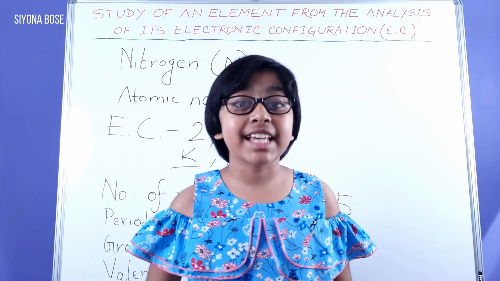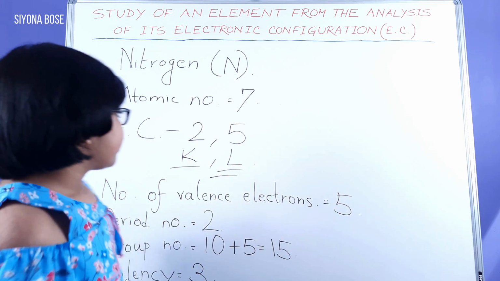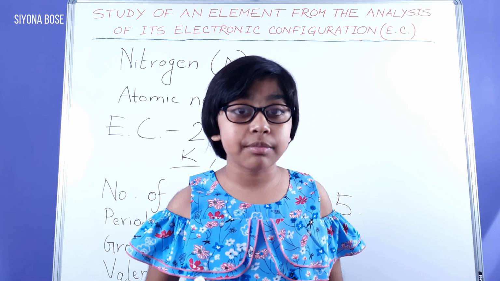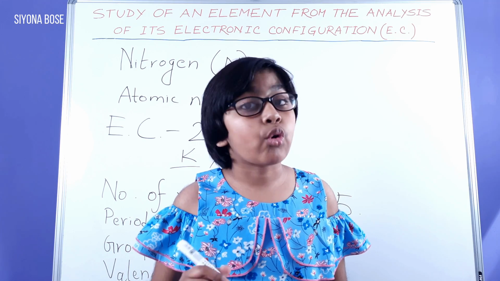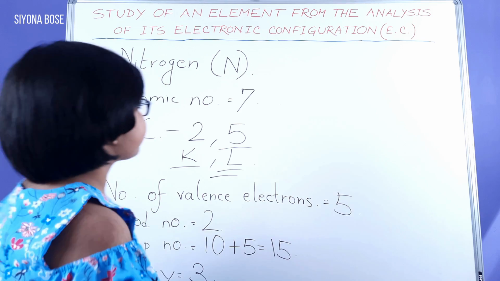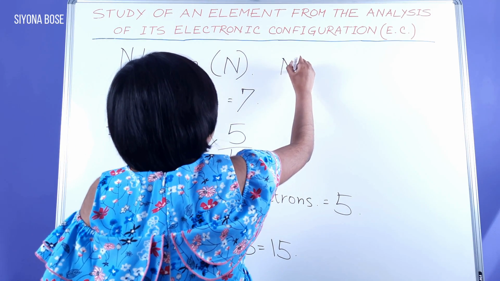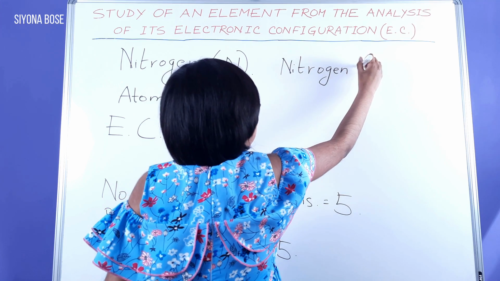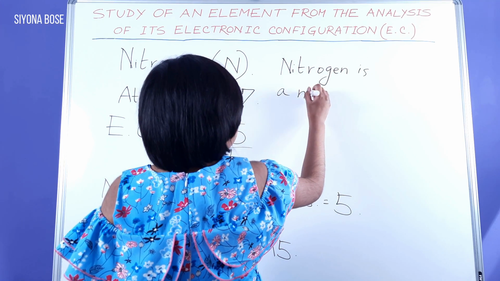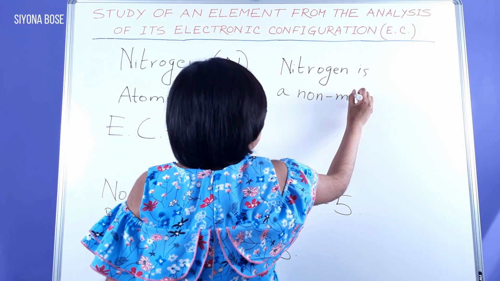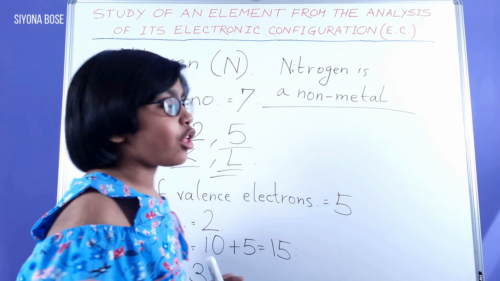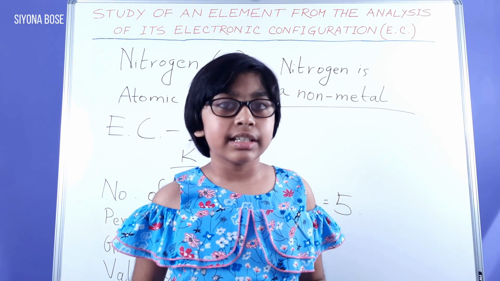Now, nitrogen's identity. Nitrogen has 5 valence electrons, so it is a nonmetal, since 5 is more than 3. Nitrogen is a nonmetal. Finally, the last thing to do.